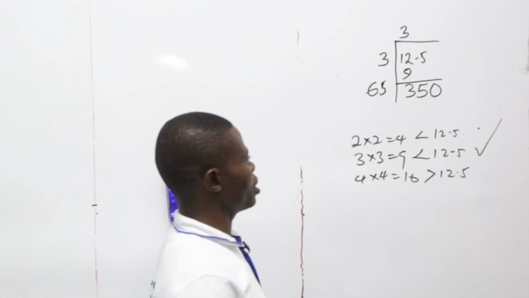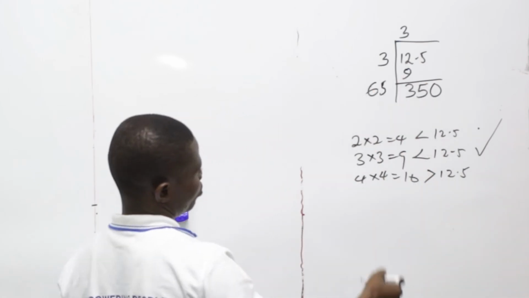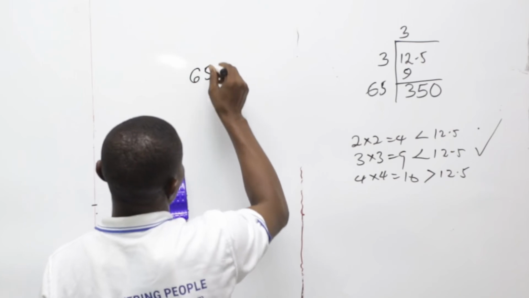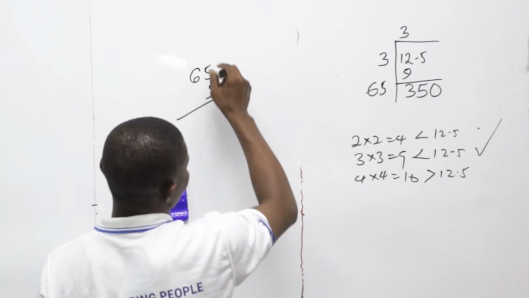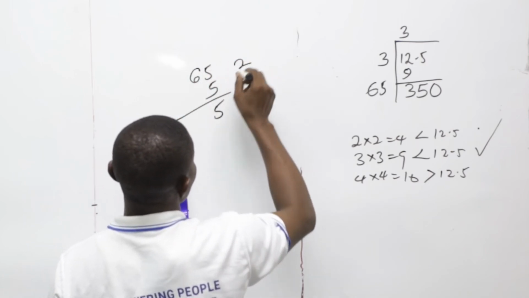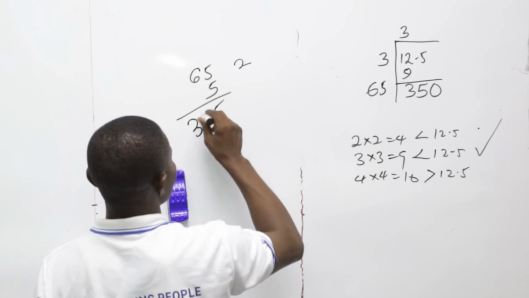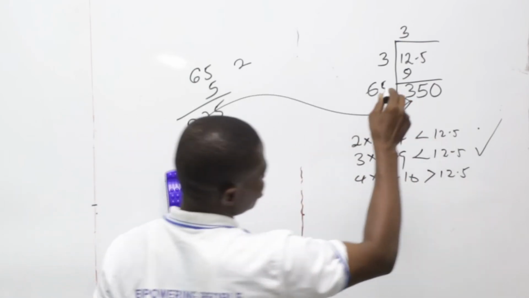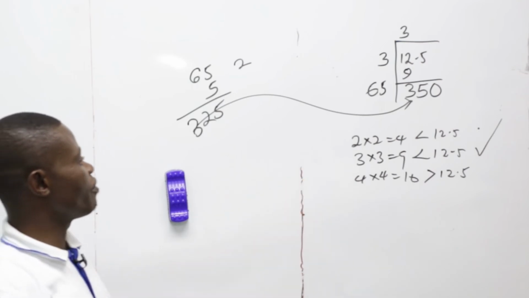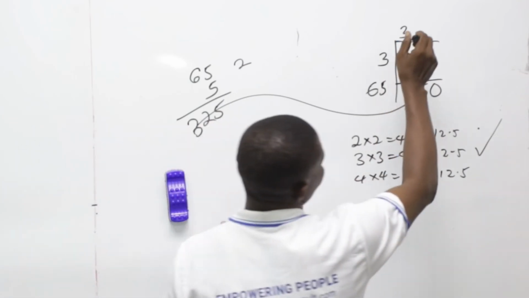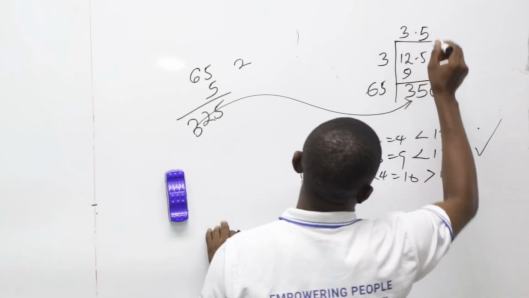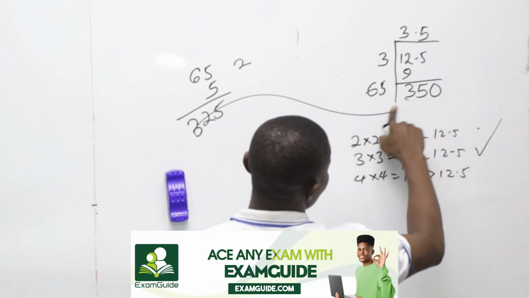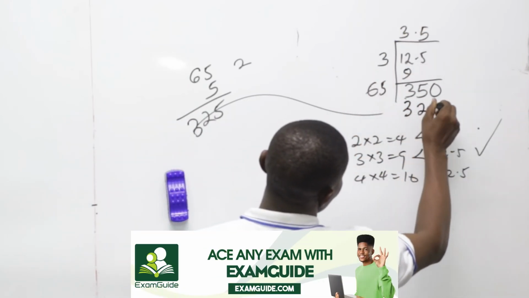So you can see that after all the selection, 5 is the best. That is 65 multiplied by 5. This is 5, carry 2. This is 30, 32. 325 is very close to 350. So 5 is the best option. Put your point here. This is 5. So this multiplied by this will give us 325.